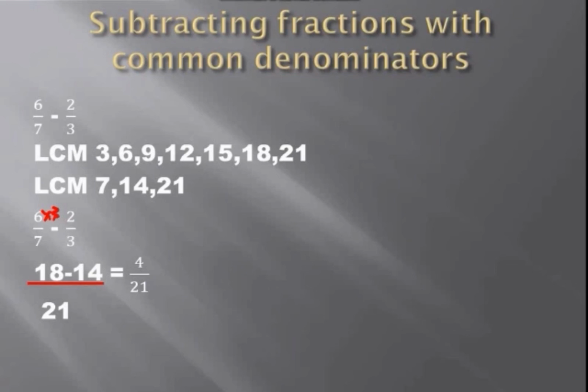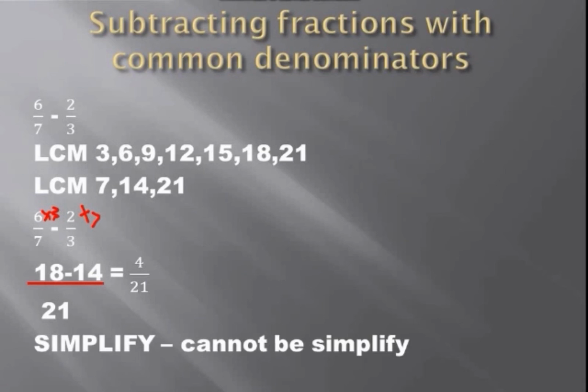You write a minus sign. Then you do it for the other fraction. 3 into 21 goes 7 times. Times the 2 by 7. 2 sevens are 14. Take 14 from 18 and it is equal to 4. And the answer is 4 over 21. This fraction cannot be simplified any further.